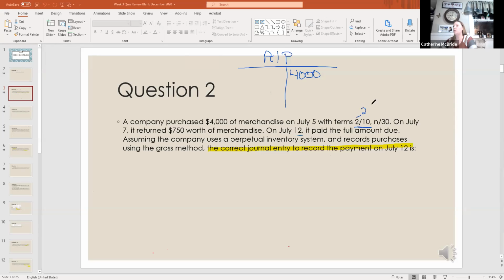So we know we get a 2% discount if paid within 10 days. On July 7th, it returned $750 worth of merchandise, so we're not going to have to pay for that because we've returned it. On July 12th, it paid the full amount due. So we can see that we have $3,250 is our balance right now.